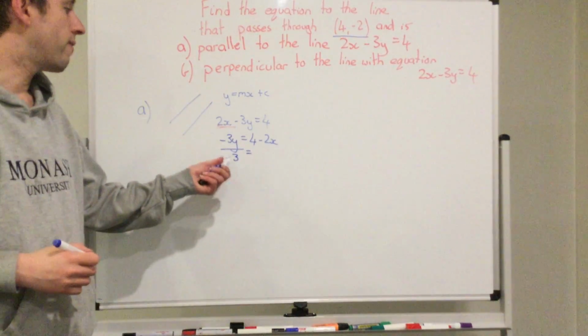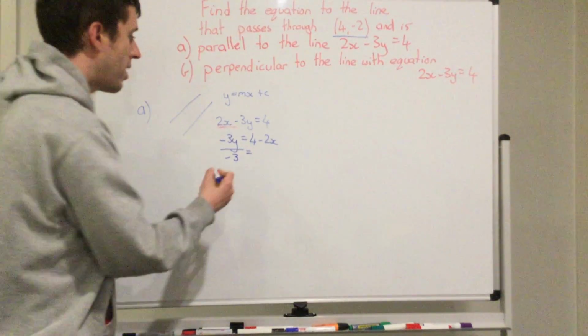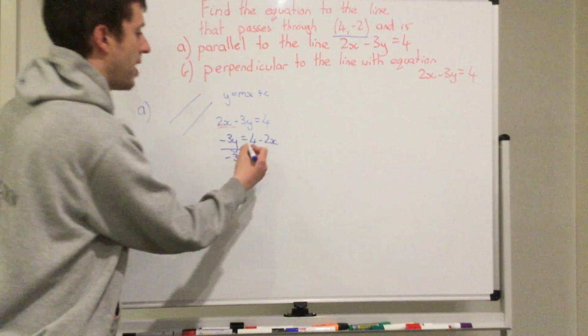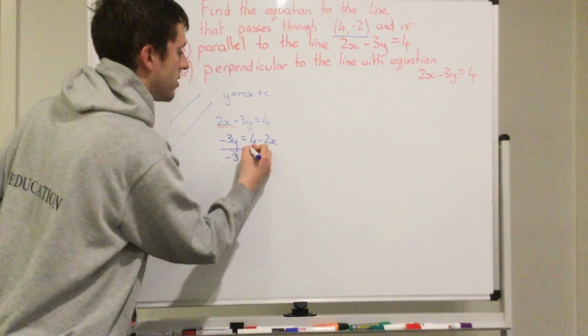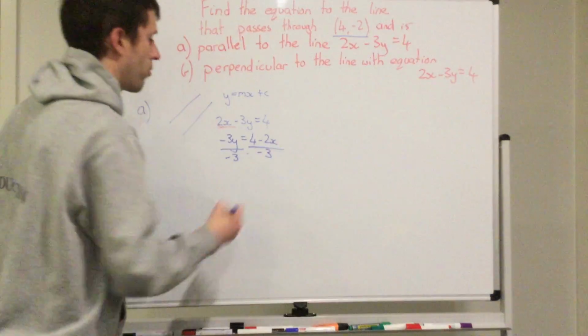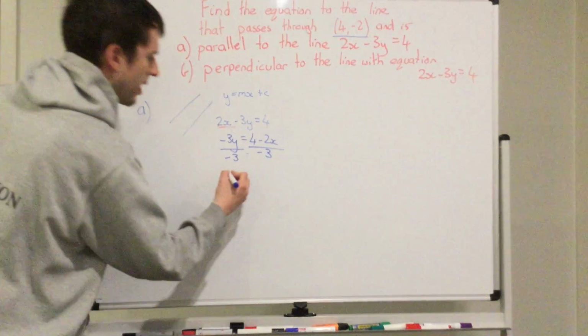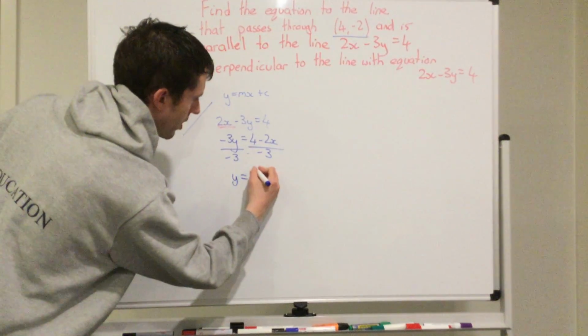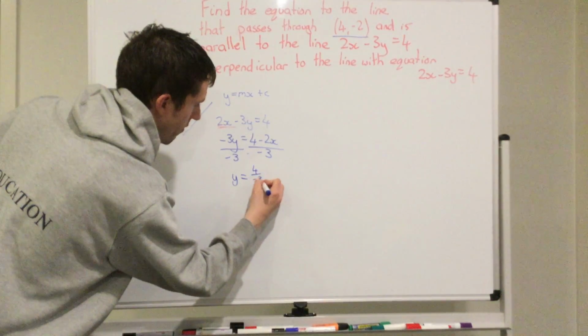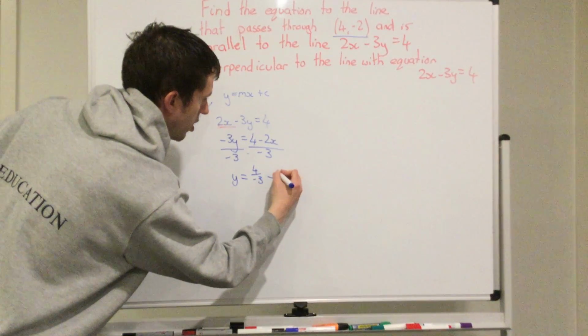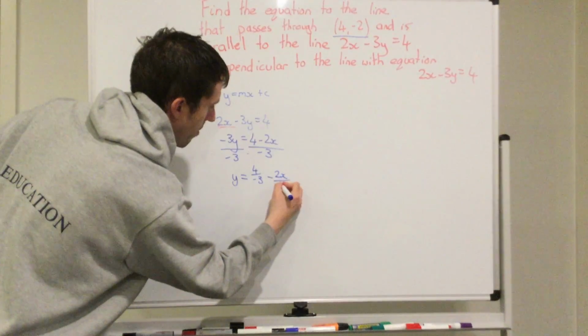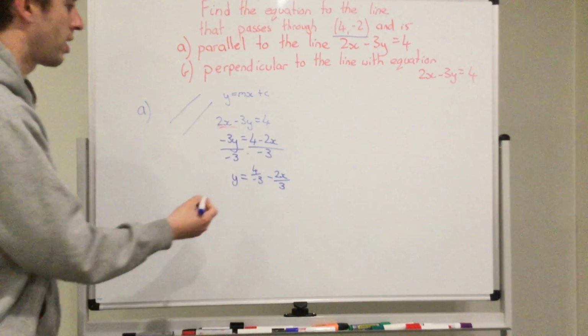Negative 3 divided by negative 3 is just 1, so it'll be y left. But that means I am going to be dividing this side by negative 3 as well. So that gives me y equals 4 divided by negative 3 take 2x divided by negative 3.